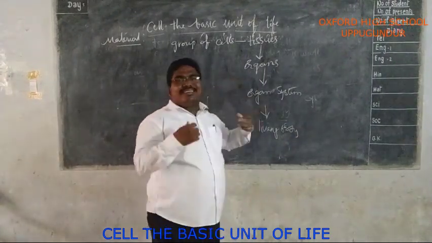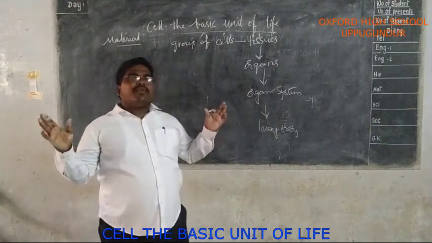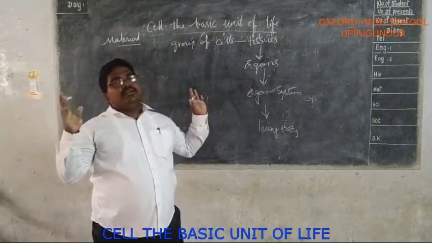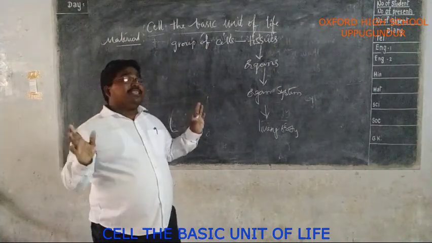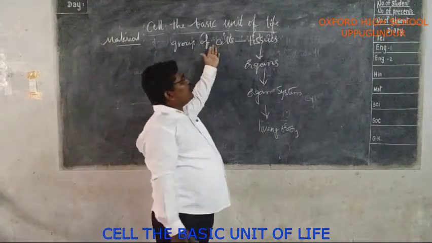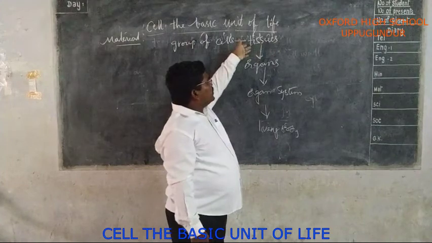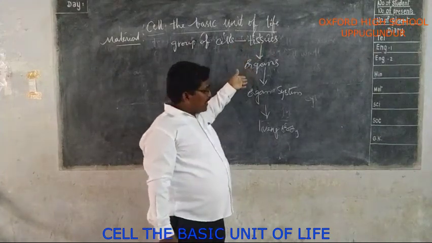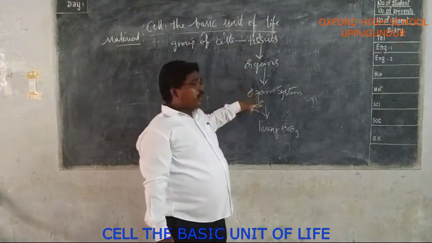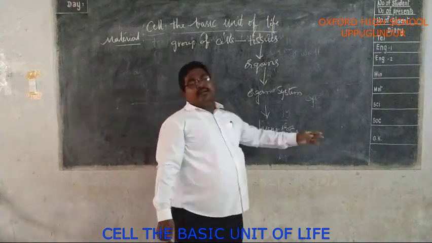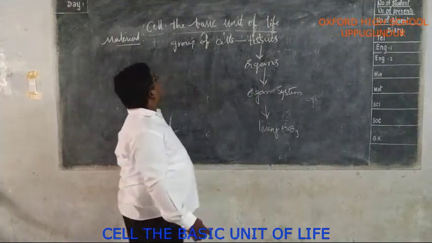So hands, legs, hearts, kidneys, lungs, intestines, whatever part is present in the body is made up of cells. Cells form tissues, tissues form organs, organs form organ systems, and all the organ systems together form a living body. Do you understand this one, boys?